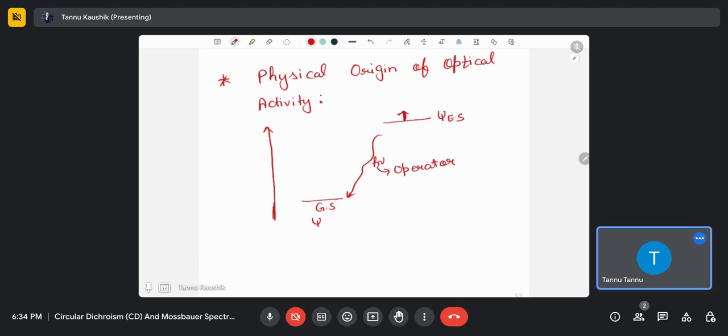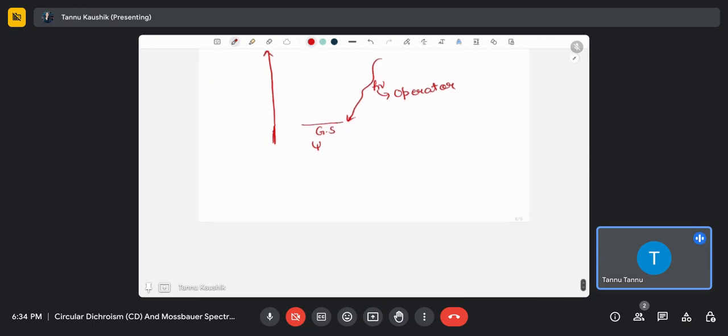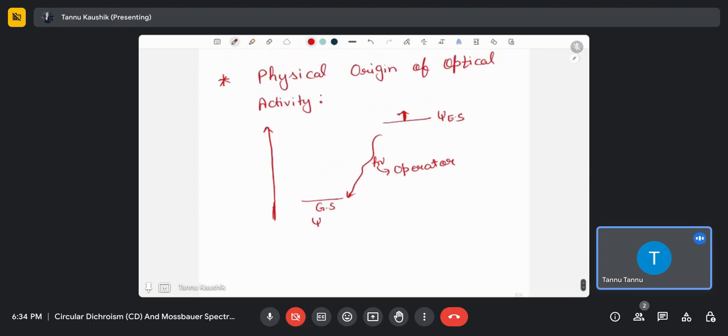And what was the operation that leads to its excitation?